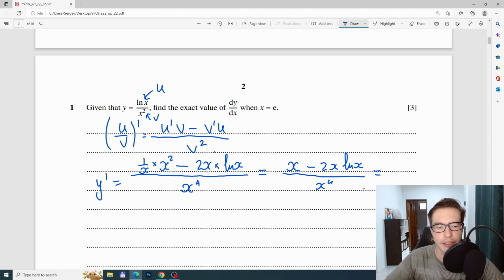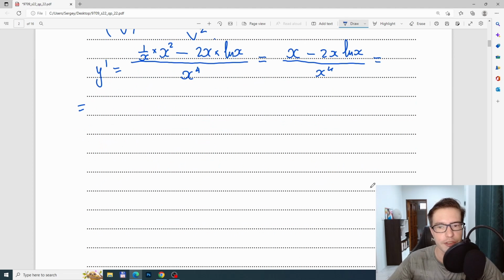And we can simplify it a little bit by first factorizing the top. I will get x times (1 minus 2 natural log x) over x to the power 4. Cross out x and we'll get 1 minus 2 log x over x to the power 3.